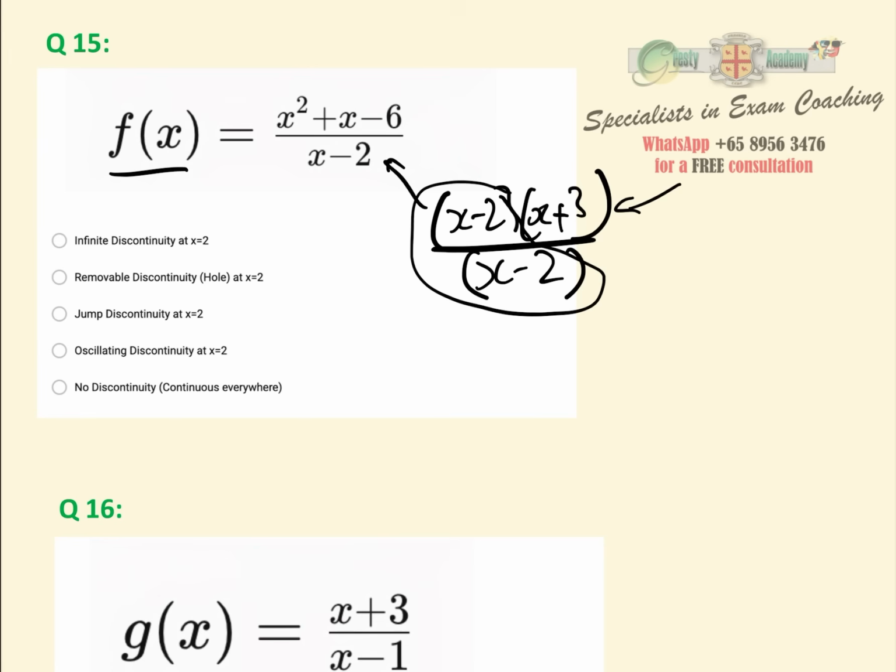At x equals 2, we have a removable discontinuity. The reason why it's called a removable discontinuity is because if we defined f of 2 to, for example, equal 5, then everything would work because we've defined what f of 2 is and we now have a continuous function.